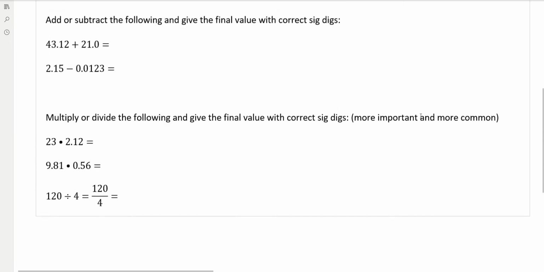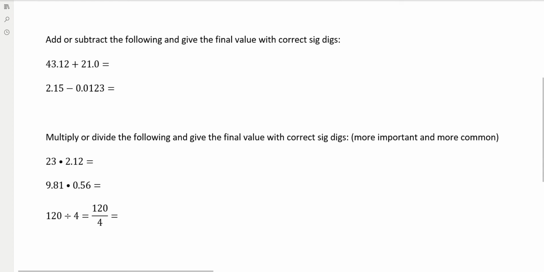Okay, so with adding or subtracting, there's a little key here. We only count sig digs after the decimal.